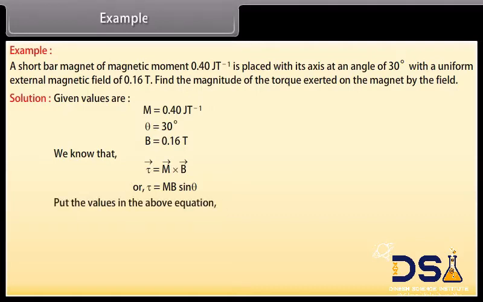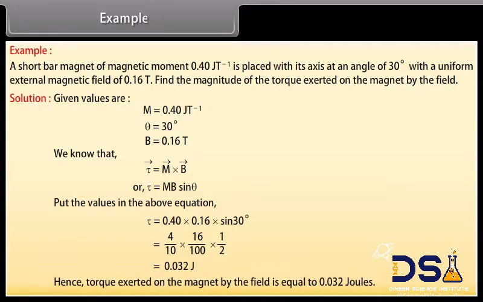Put the values in the above equation. τ equals 0.40 into 0.16 into sin 30 degrees. On calculating, we get the value of τ equal to 0.032 joules. Hence, torque exerted on the magnet by the field is equal to 0.032 joules.